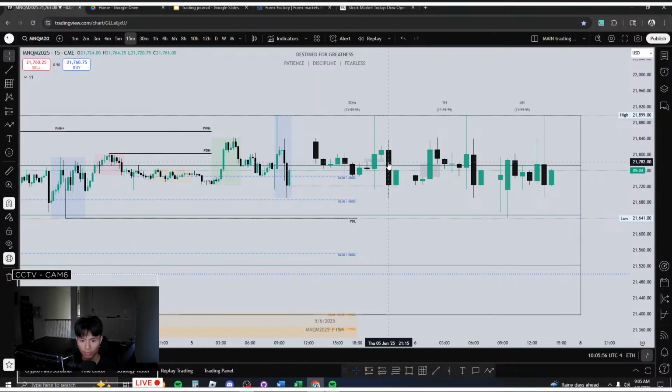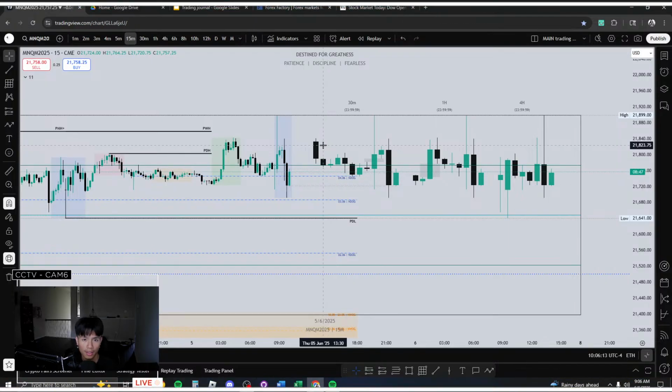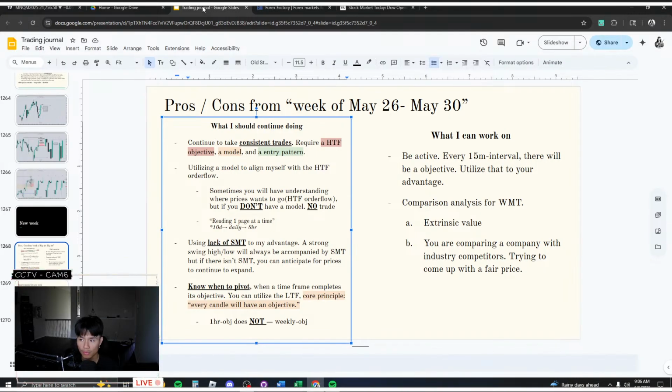So notice how I went from the higher time frame, 30-minute, onto the lower time frame, the 15-minute. I don't have a model on the 15-minute time frame that aligns with the 30-minute order flow, which is lower prices, right? And so I can't force myself to press the button here. Sometimes you're going to have an understanding of where price wants to go on the higher time frames, but if you don't have a model, then there's no trade, there's no setup.